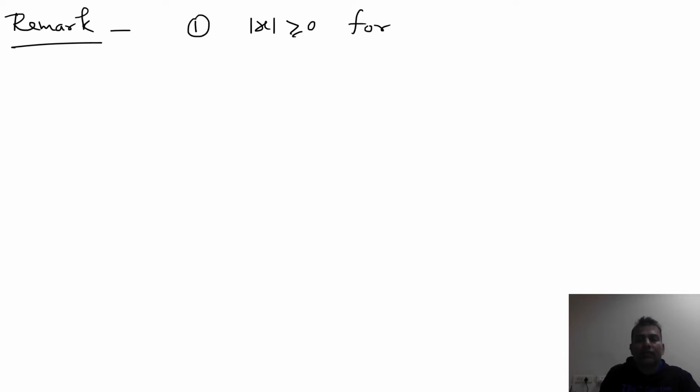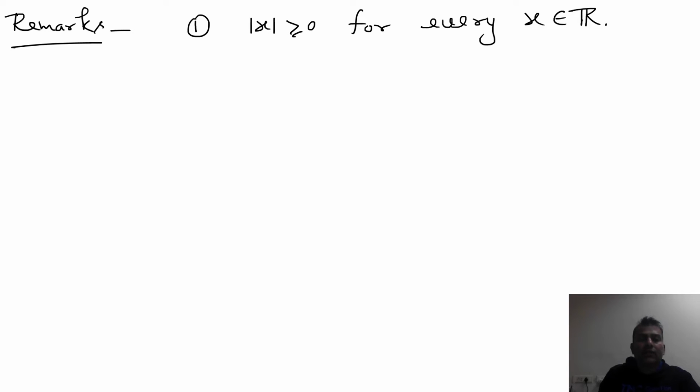So that means mod x is always positive. So we can write it as a remark. So mod x is always greater than or equal to 0 for every x belongs to R, or for every real number.